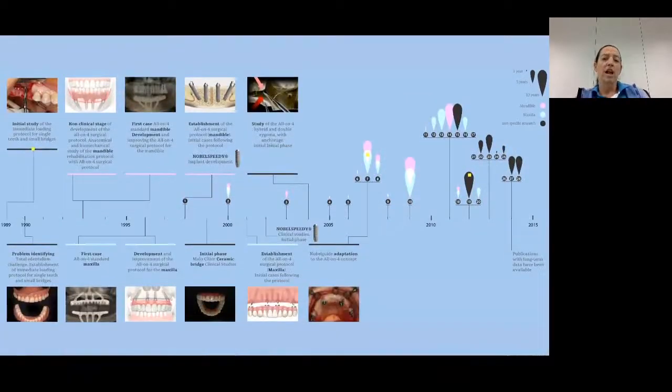It all started in 1989 when Dr. Malo and the team started to go for immediate function, still in single cases and small bridges. In these cases, we were able to avoid occlusion when we loaded our implants immediately.